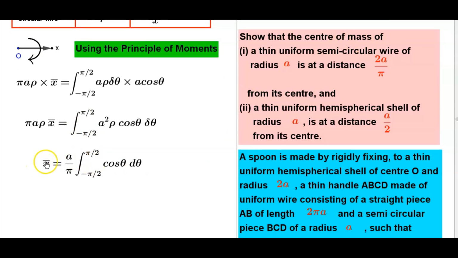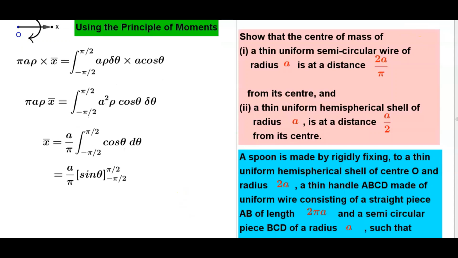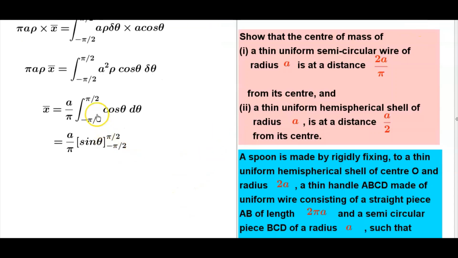Our x bar is equal to A over pi, because rho cancels on both sides, into the integral from minus pi by 2 to plus pi by 2 of cos theta d theta. Now when we integrate cos theta, that is sin theta, with limits minus pi by 2 to pi by 2.